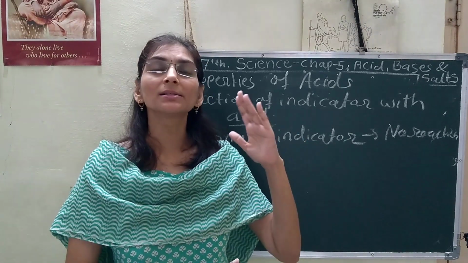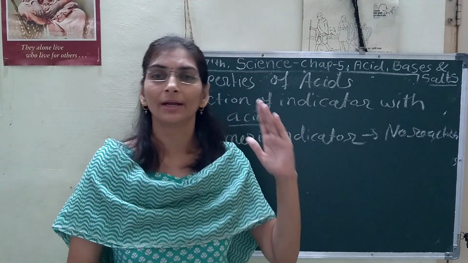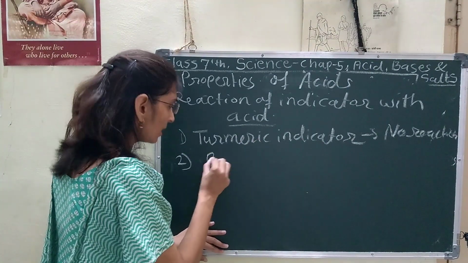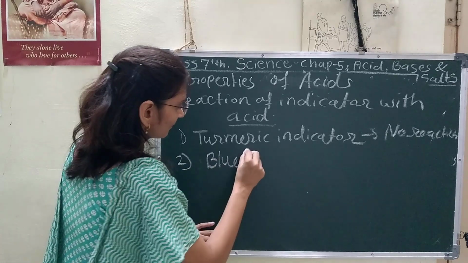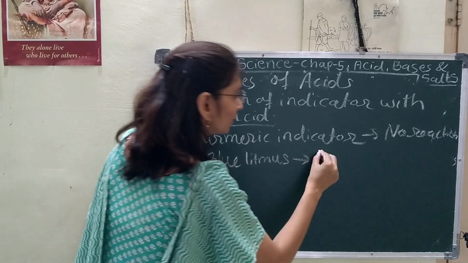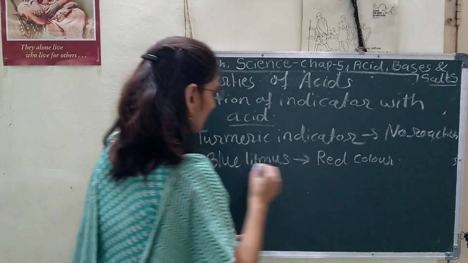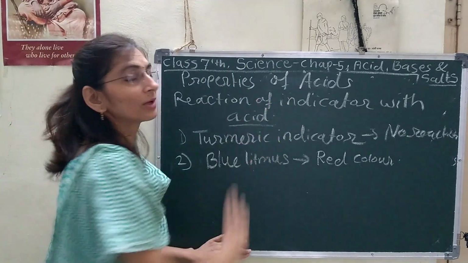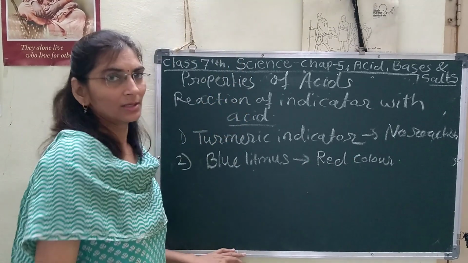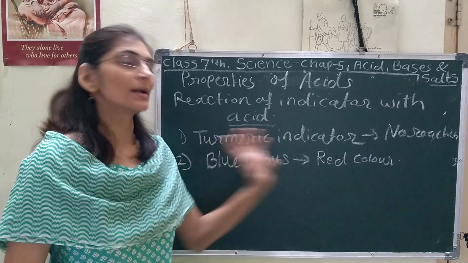Then litmus paper, that is a very important and standard indicator. So litmus reaction here: blue litmus will change its color into red color. When the blue litmus comes in contact with acid, it will change its color to red. There are two types of litmus paper, blue litmus paper and red litmus paper.